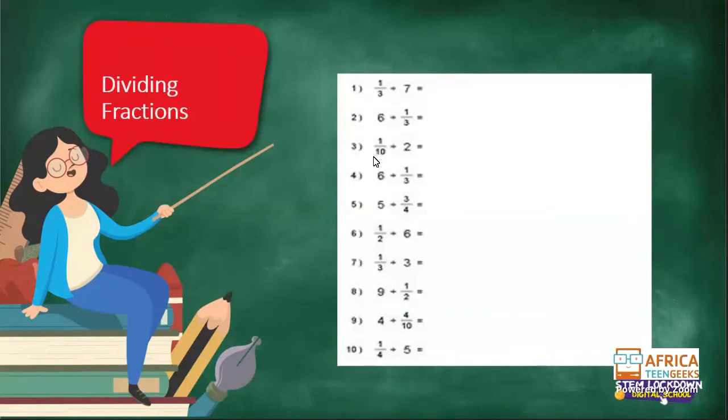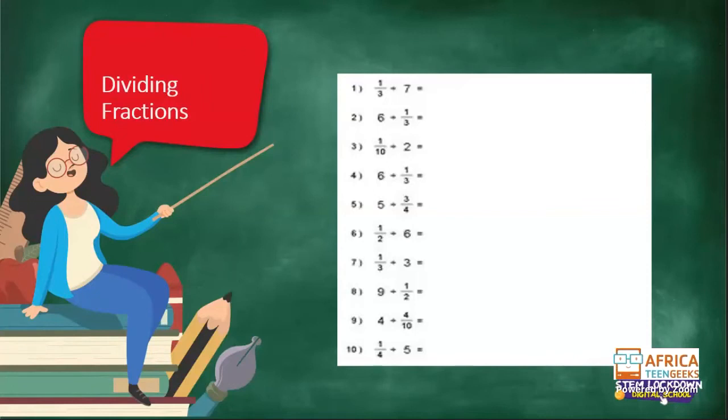Alright. So let's look at number 3. We have 1 over 10 divided by 2. Okay, I see 20 over 1 and 1 over 20.